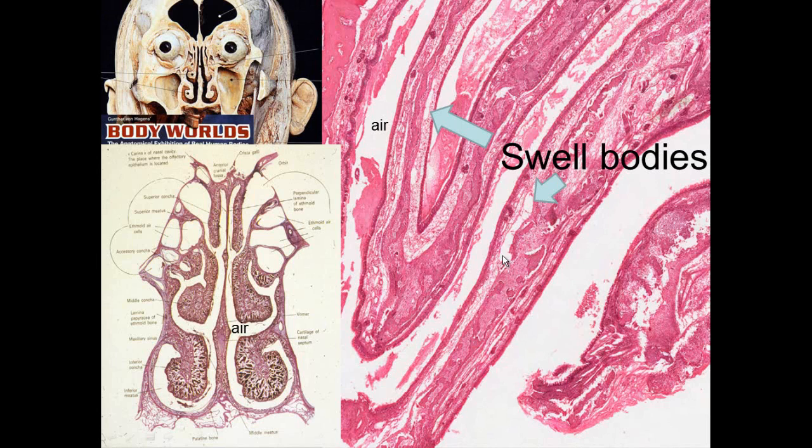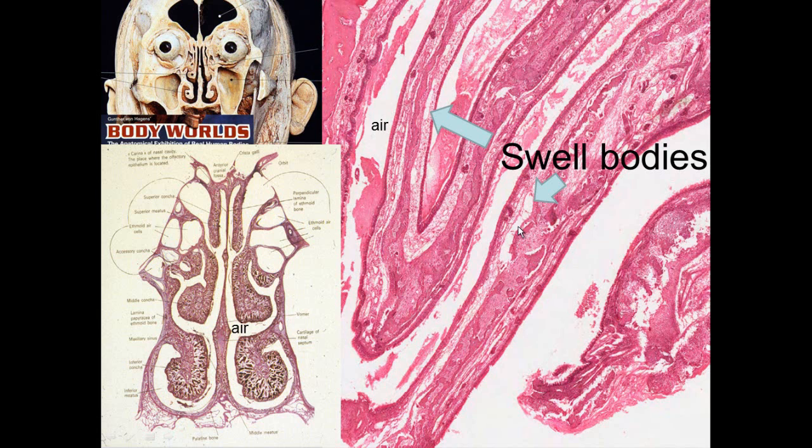Swell bodies are blood vessels that can engorge with blood, and in doing so, it impedes the airflow. So the air is going through these areas right in through here, and whenever the blood vessels are filled, it closes the airflow, so that every 30 minutes you're breathing more out of one side of your nose, and then in the next 30 minutes you're breathing more out of the other side of the nose.